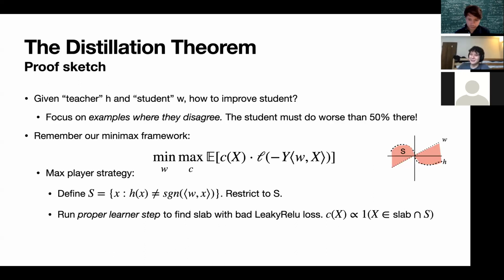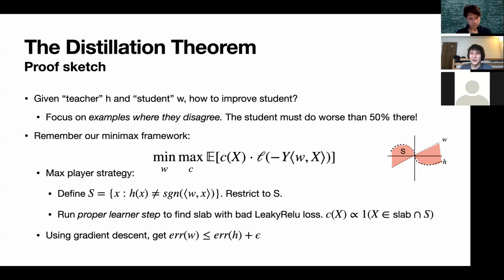It finds a slab where you have bad leaky ReLU loss, and you can do a gradient step based on that. So except for restricting to the disagreement set, it's exactly the same as before. And what you see is that by using gradient descent for the min player, we actually get to train the proper half space W to be just as good as the teacher H.